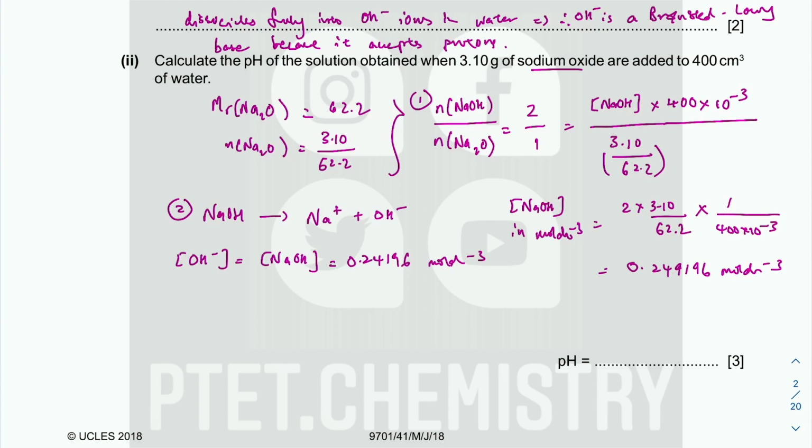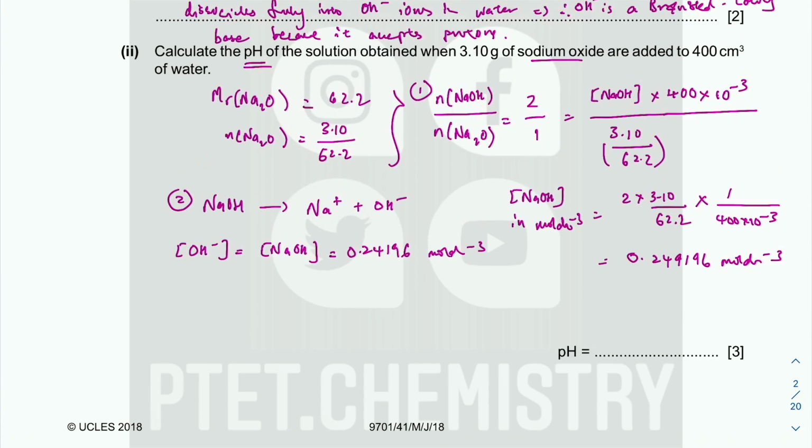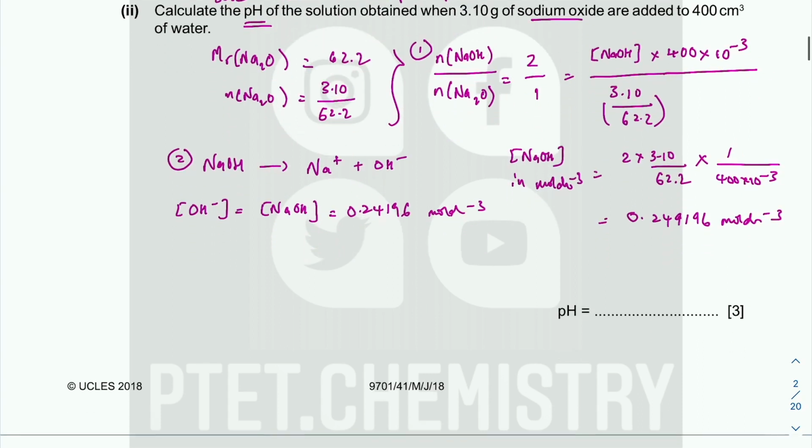Okay, but that is the concentration of OH minus, and when we want the pH, which is to do with the H plus concentration, there are two ways of doing it. I know some teachers would have taught you pOH is minus log 10 of OH minus, and if I take the log and the negative of it, I will get 0.60346, and then you will also know that pH plus pOH equal to 14.